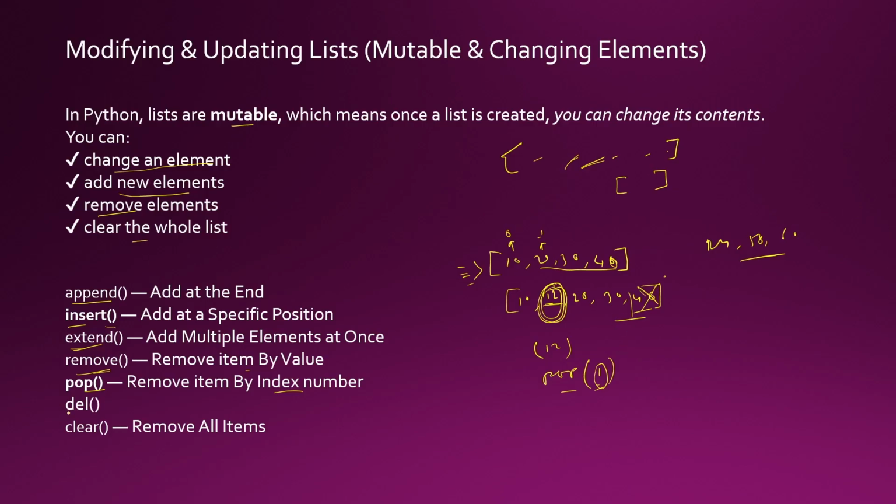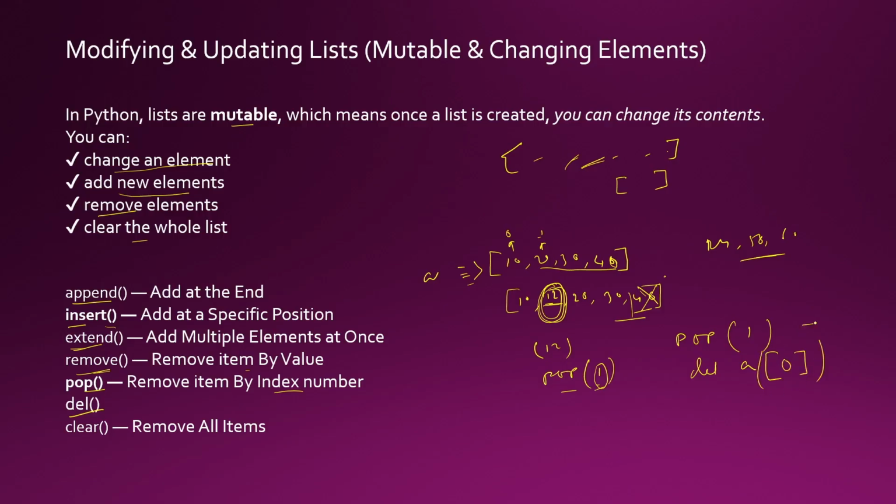Then del, this is the function. Del and pop are the same. In both cases, we can remove our item using the index number. Only the syntax is different. In the case of pop, we mention the index position like this. In the case of del, we write the function, and suppose this is our variable a, and within it we mention our index position.